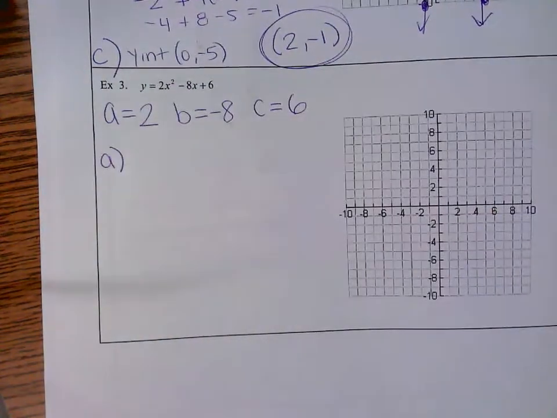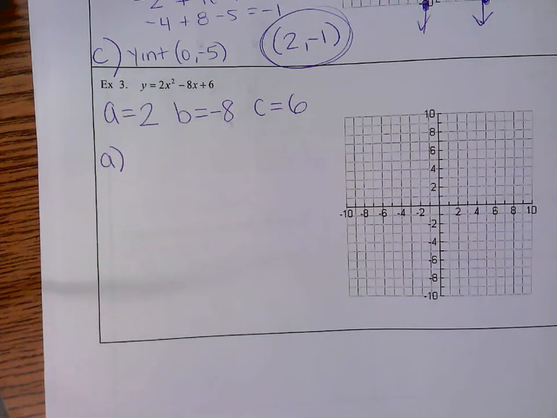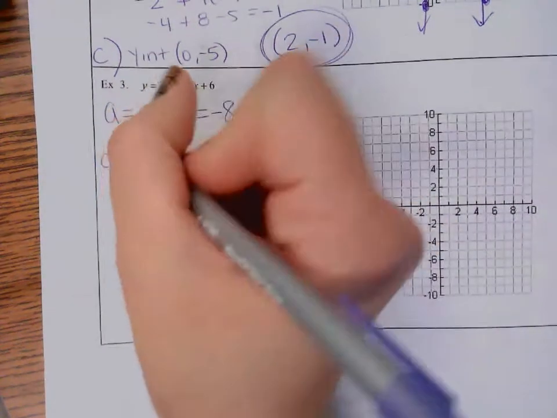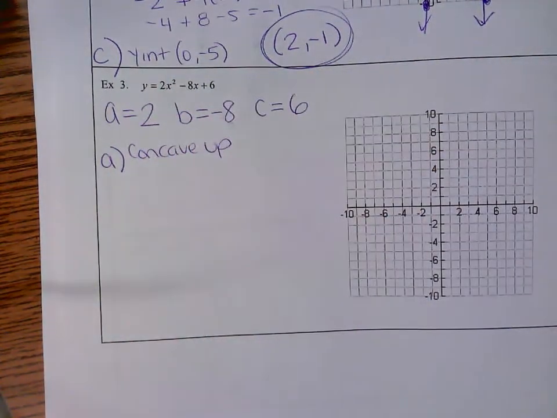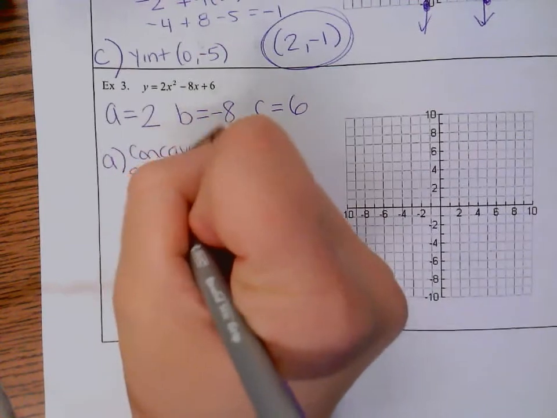What does A tell me this time? Tells me two things. It's going up, concave up, and what else is it telling me? What does the 2 do to the Y values? Yep, it's going to be steeper times 2.